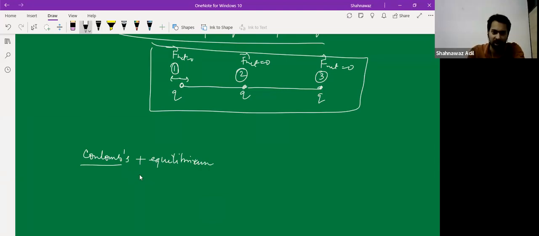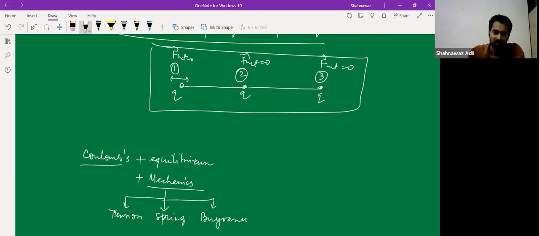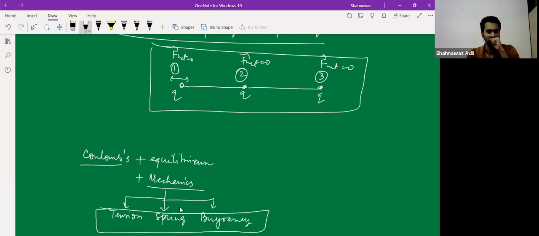And Coulomb's law plus some mechanics, right? And these mechanics can be due to tension, or due to some spring, or you place some liquid, so this would be buoyancy, right? So in this class, we would be studying all these combinations.